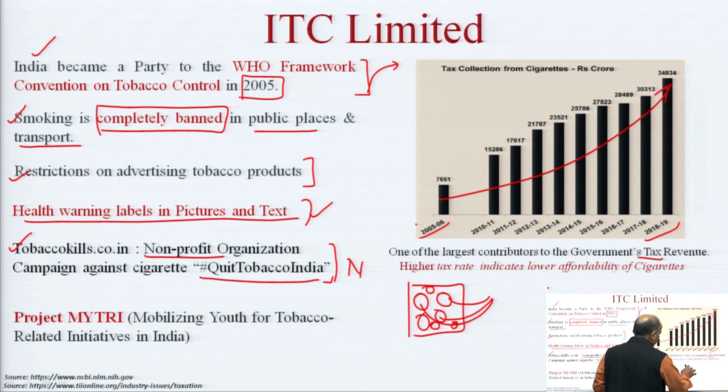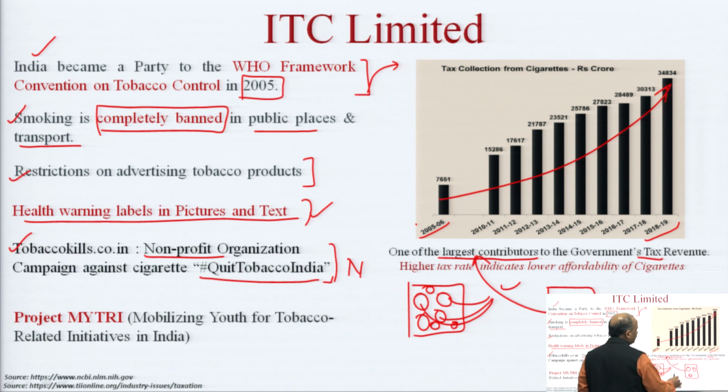But in the case of tobacco, there are only a few companies working in this area, and even though their number is low they are among the largest contributors, which means that these companies are paying taxes at a very high rate.